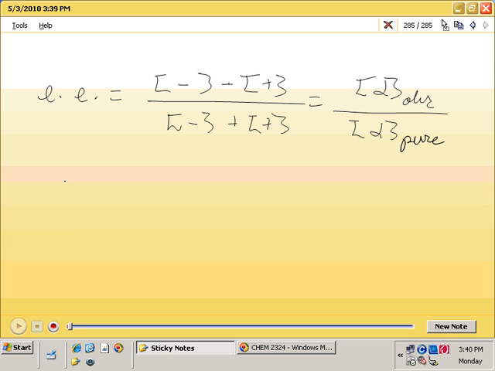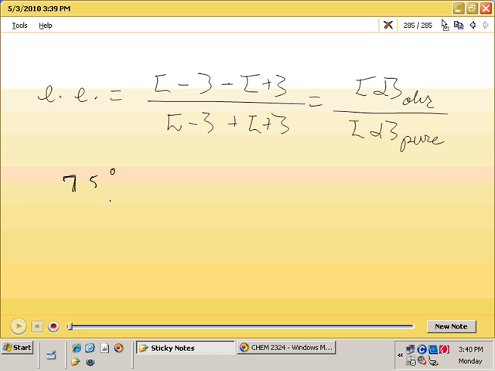So for instance, if somebody says, I have a mixture, let me say I have a mixture that rotates plane polarized light 75 degrees. And what I want to determine then is how much of each one of these I have.